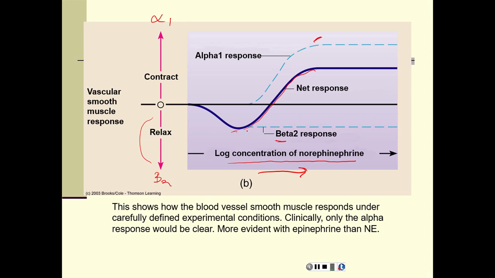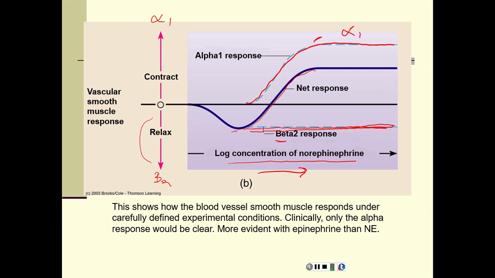And the dotted lines say this is the beta-2 response, and if you had blocked the alpha receptors, this is what you would see at all doses of norepinephrine or epinephrine. You'd see these responses. And conversely, if you blocked the beta-2 receptors and then gave norepinephrine, you would only see the alpha response here. Right? So this is the alpha-1 response. Alpha-1 vasoconstriction, beta-2 vasodilation. Okay, and that takes a little time to digest what I'm saying there, but it's all correct.